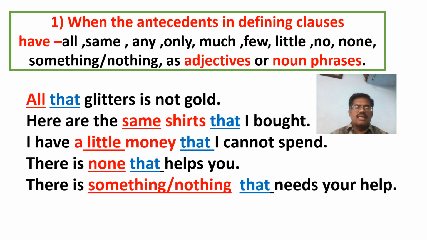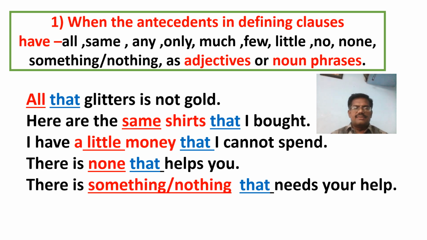Look at the examples. Here all is there, then we have used that. Same is the word which is there in the antecedent, so we have used that relative pronoun.